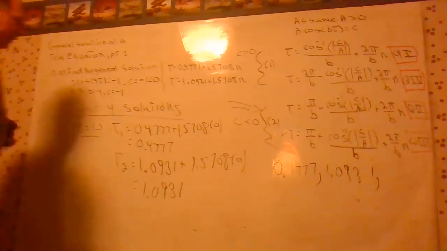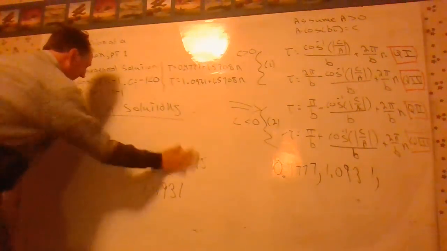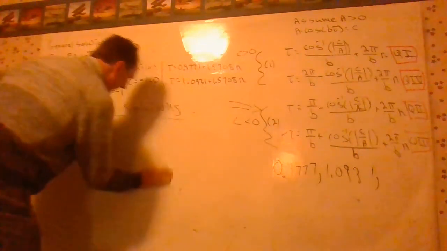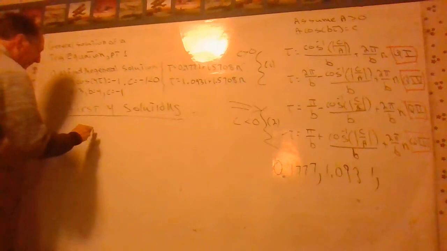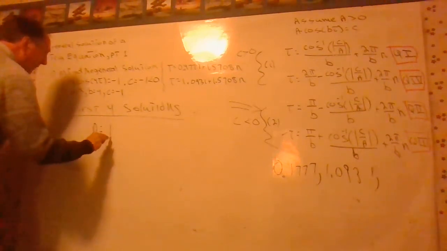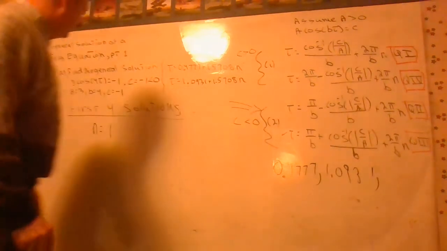Now let's find the next t values. We are going to let n equal 1, and we're going to plug 1 in here and 1 in here.